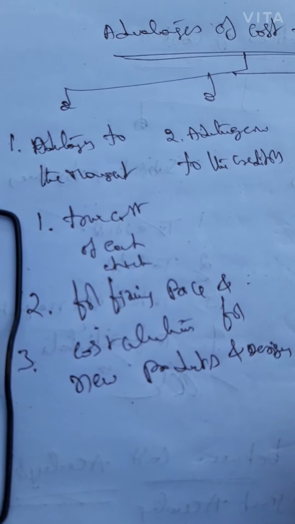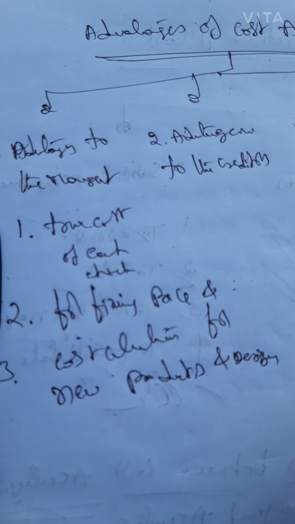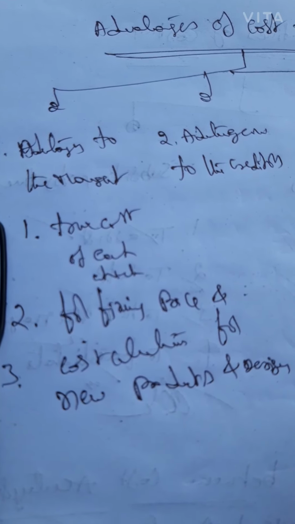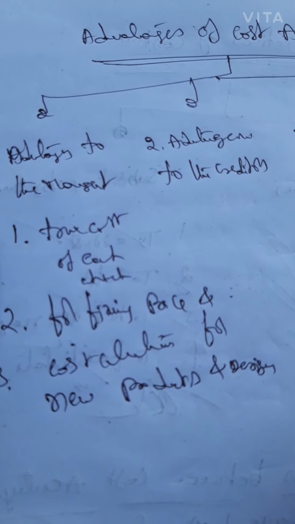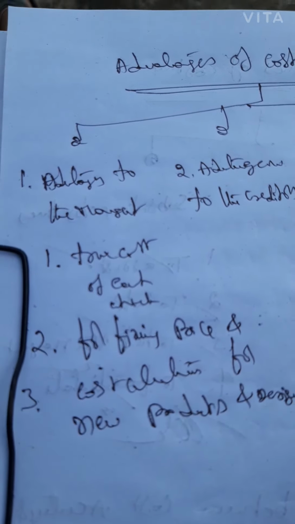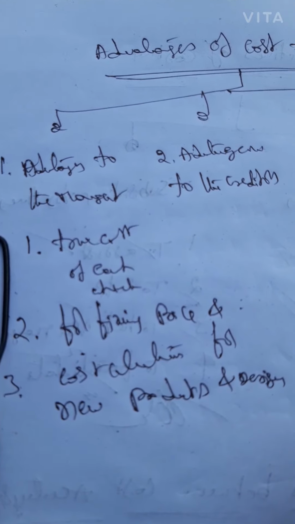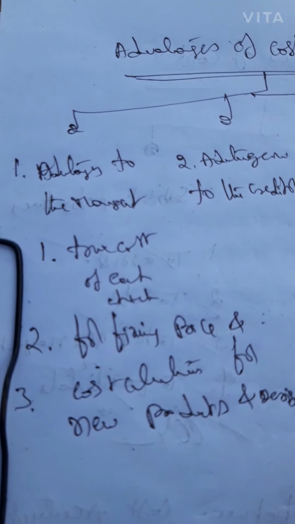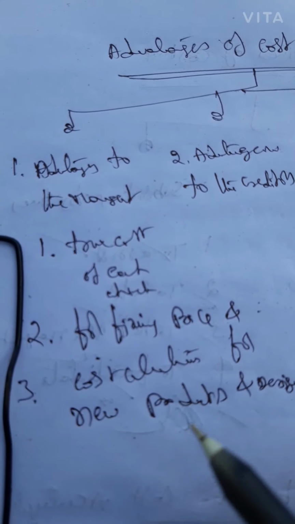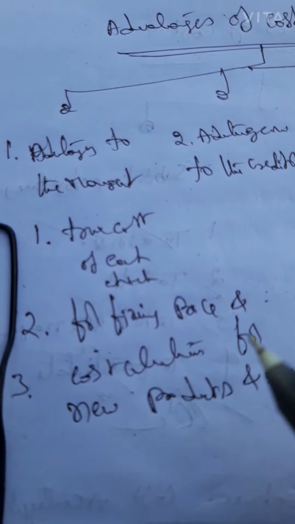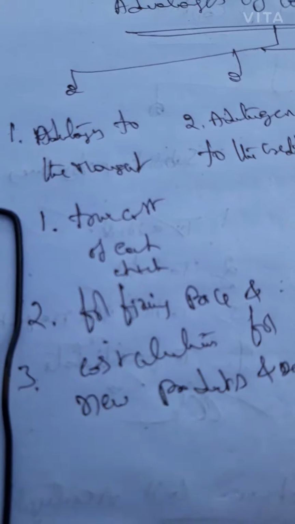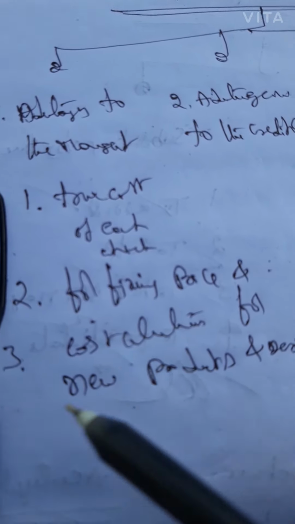Okay, cost accounting assists the management with cost calculations, mainly for new products or new designs, and to determine the profitableness if any proposed changes are there. Okay, like that.